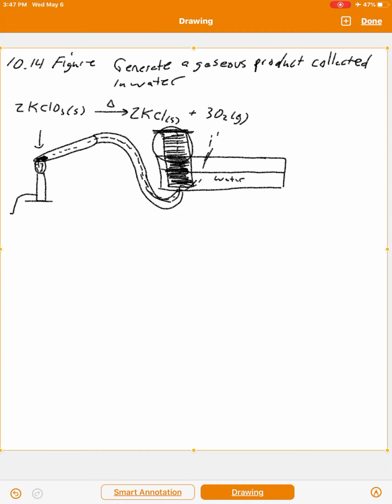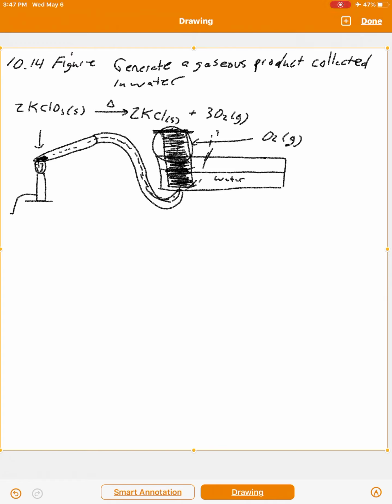Okay. You can also collect oxygen gas from hydrogen peroxide. You can actually buy hydrogen peroxide in the pharmacy, in the store, and you can heat it and generate oxygen gas as well. So suppose we do this and we're collecting this oxygen. We would ask, what is the pressure of the oxygen in here?